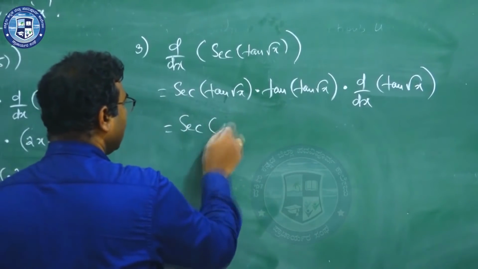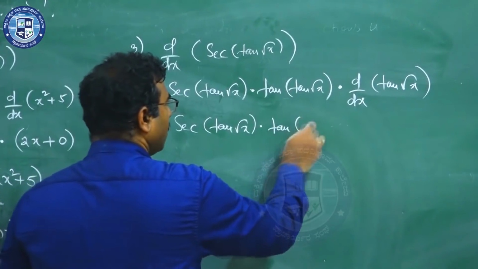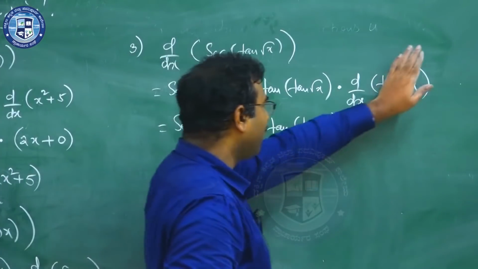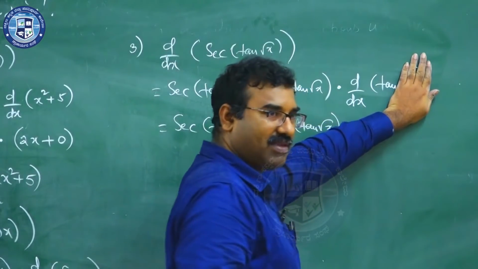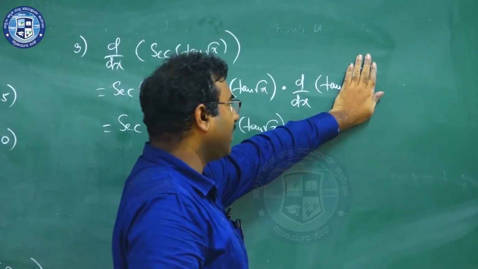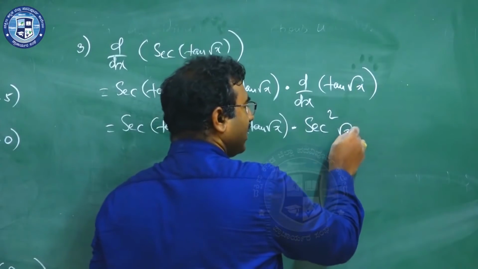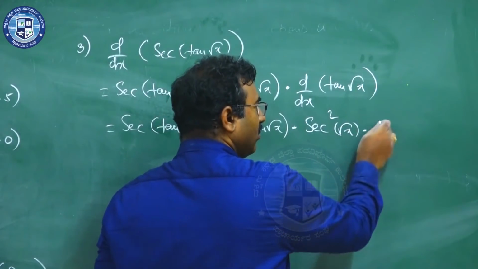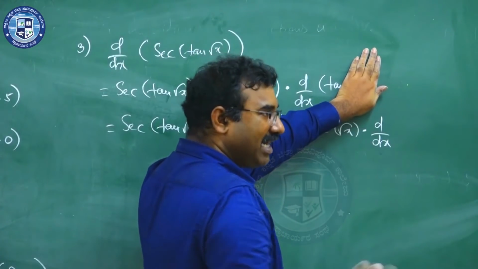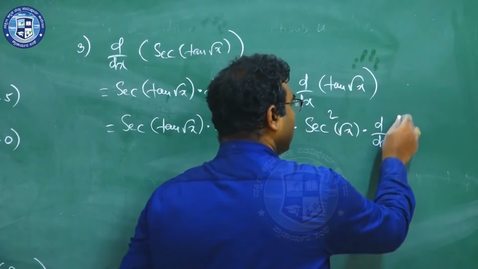So, secant tan root x into tan of tan root x into, again you feel like this is x only, assume as x and start work it. D by dx of tan x is secant square x. So, secant square root x into, again because it is not x, no, we assumed as x, until you get x there you have to work d by dx of root x.